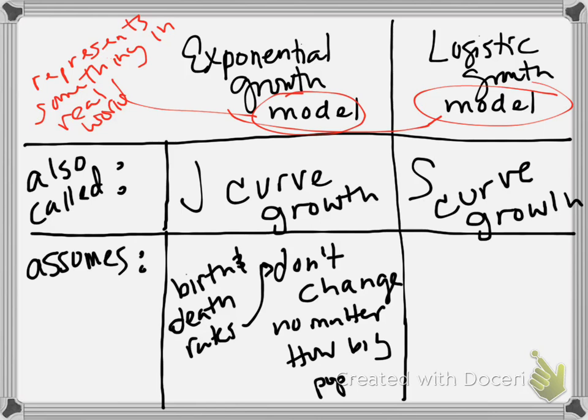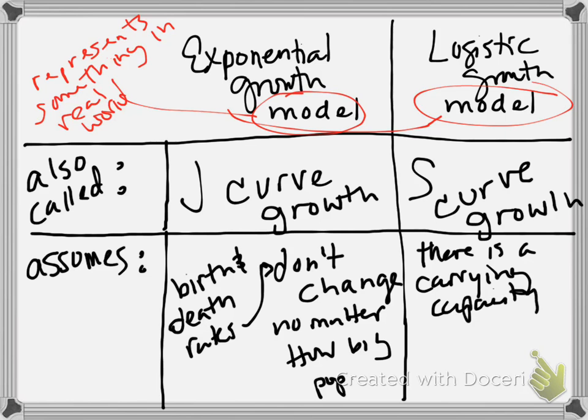The logistic growth model has some other assumptions. So it assumes that there is a carrying capacity, which is some absolute upper number of individuals the environment can support. If you have a pond the size of ours, you can't support 1 million smallmouth bass.